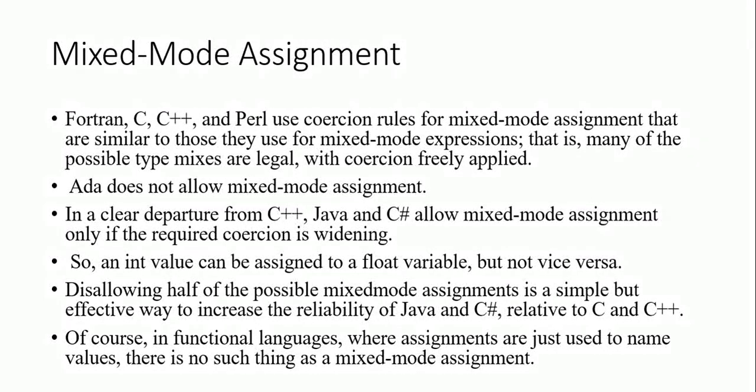But if some particular languages allow mixed mode assignment, it means that A and B can be different type variables, but this language should allow coercion. If coercion is allowed, then we can allow it. And again, the coercion means we actually need a widening coercion. Okay. So this kind of mixed mode assignment is possible.